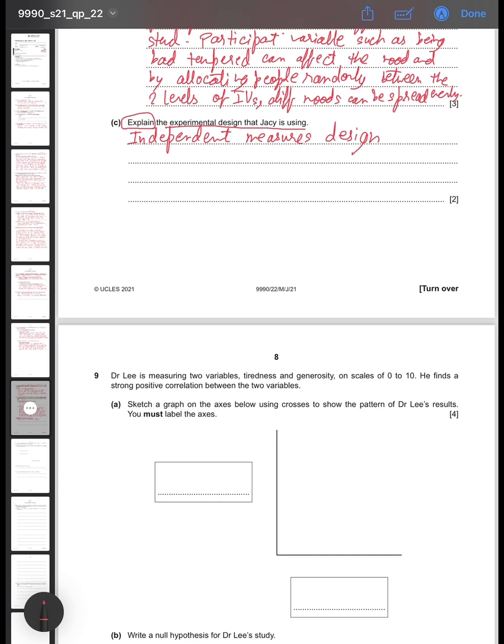So it is an independent measures design because there are different participants in both the groups, or you can write in both the levels of independent variable.